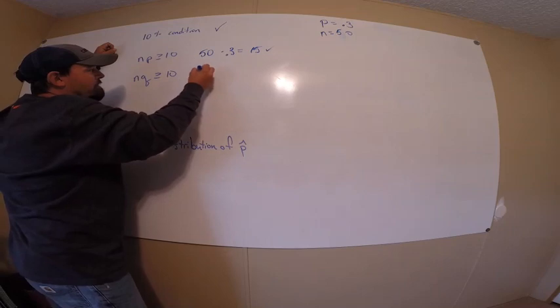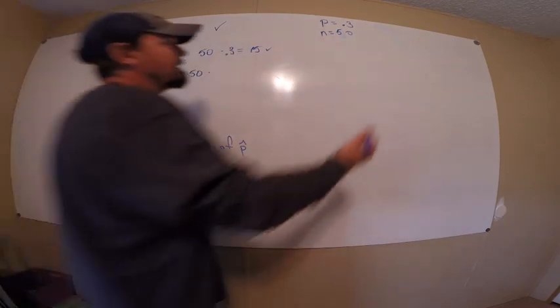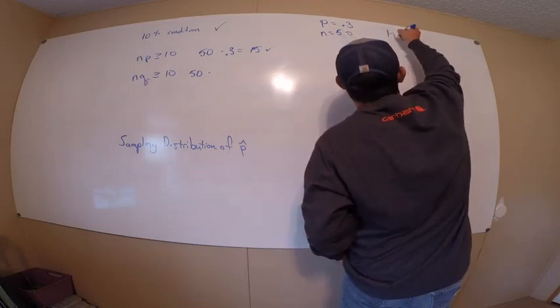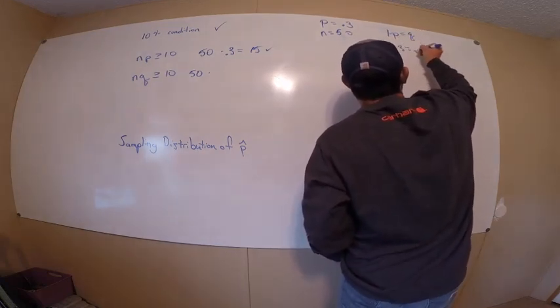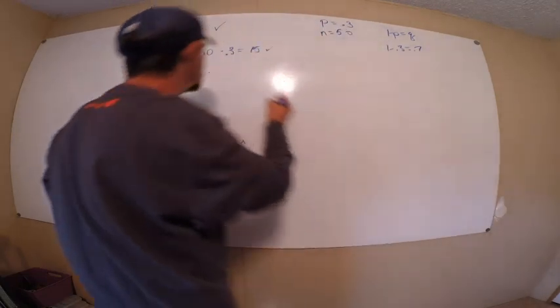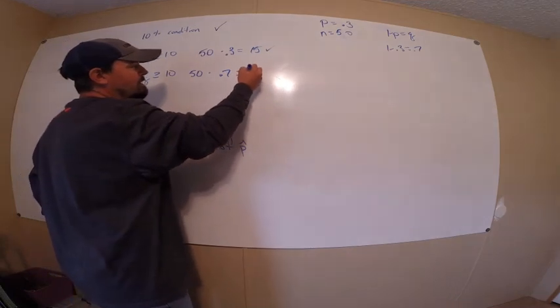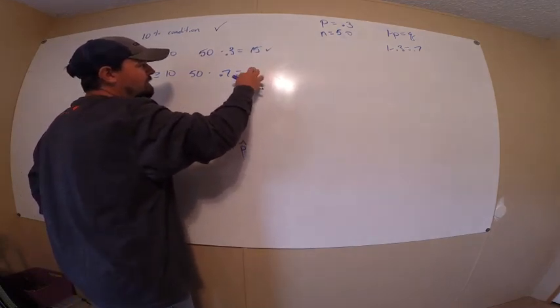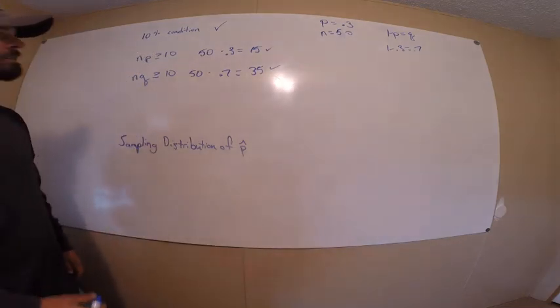Here we've got 50 times our Q. Remember, 1 minus P equals Q. 1 minus 0.3 equals 0.7, so our Q is 0.7. 50 times 0.7 is 35. Not 0.35, it's 35. So that one works as well.